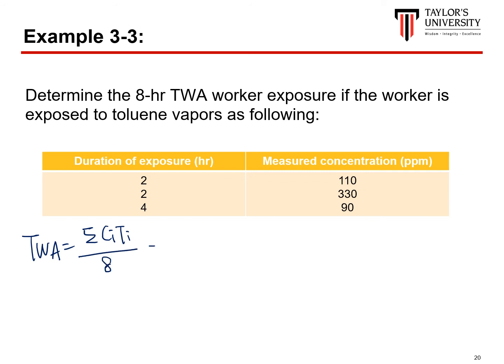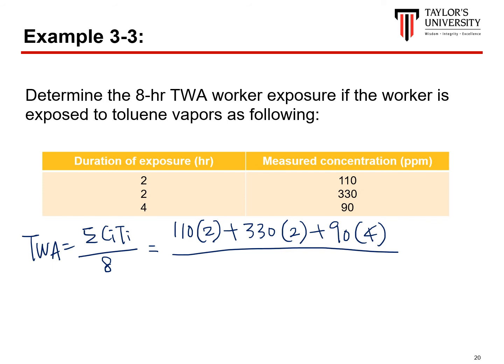We will have a concentration of 110 exposed for 2 hours plus 330 exposed for another 2 hours plus 90 exposed for 4 hours over a duration of 8 hours. The total here, if you calculate, will give us 155 ppm as an average TWA value.